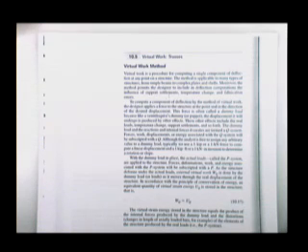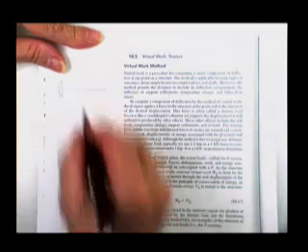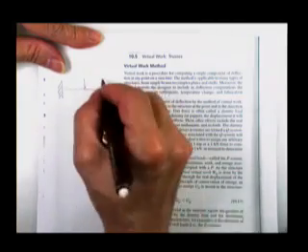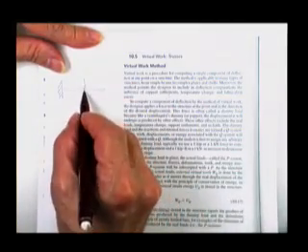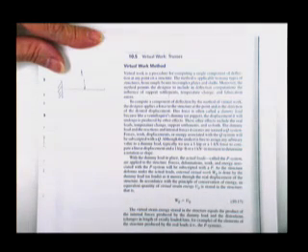What it does is it puts a unit load on the structure before you get there, which causes some things to happen. You put the unit load at the point where you want the answer, in the direction that you want the answer.